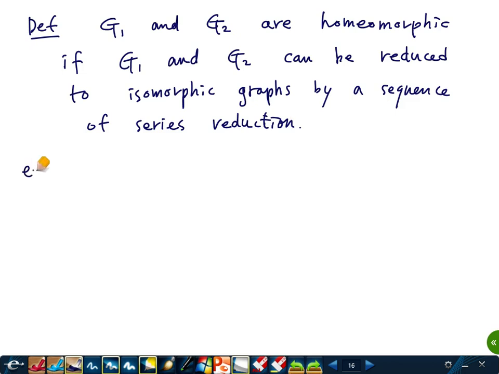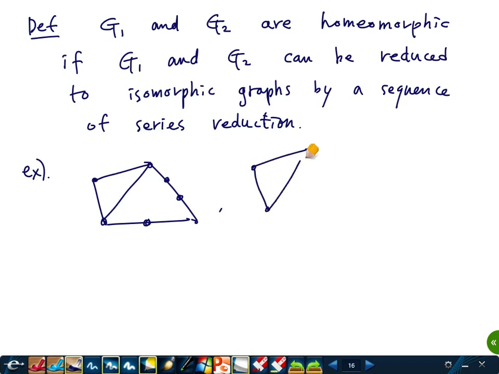So for example, let me consider this graph. These two graphs are homeomorphic. Why?